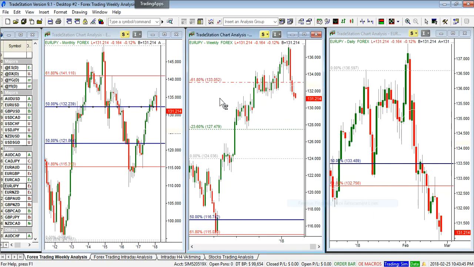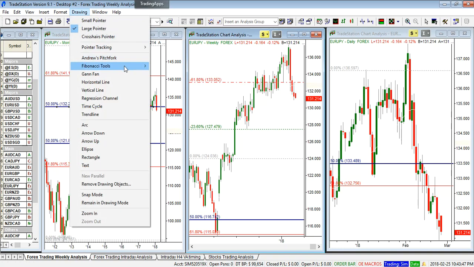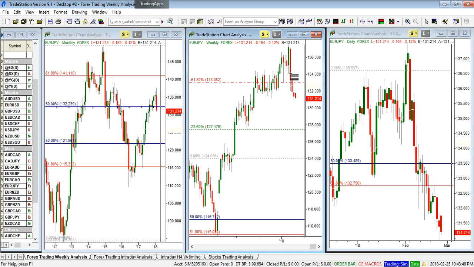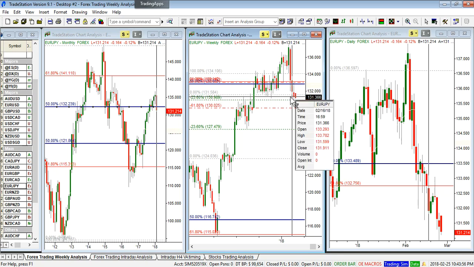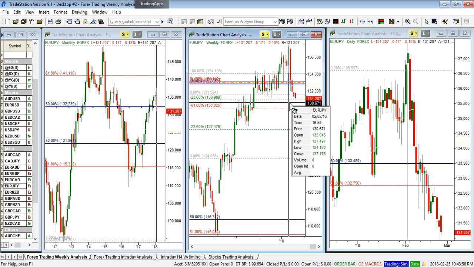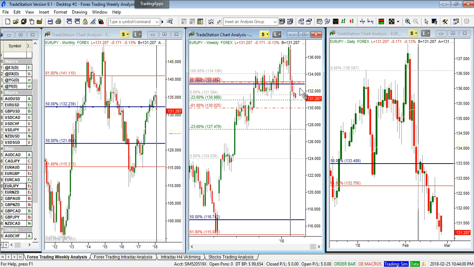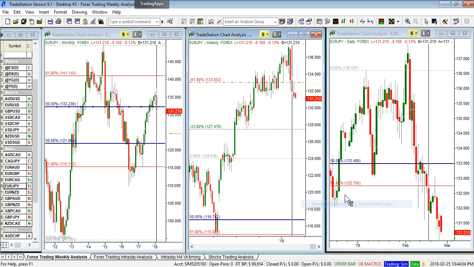Okay, and the weekly extension short from lows to lows here, this has not come into play, but has traded afterwards.